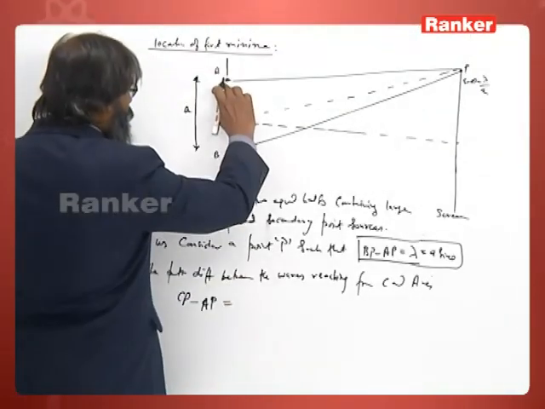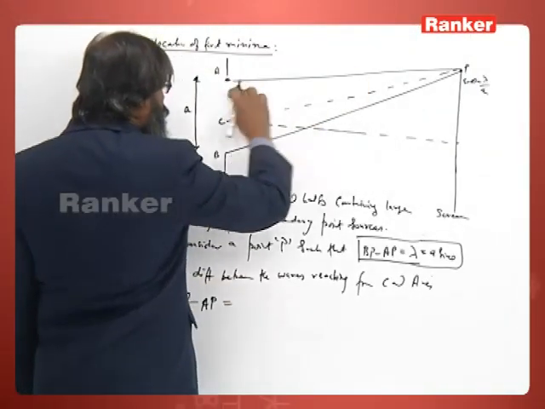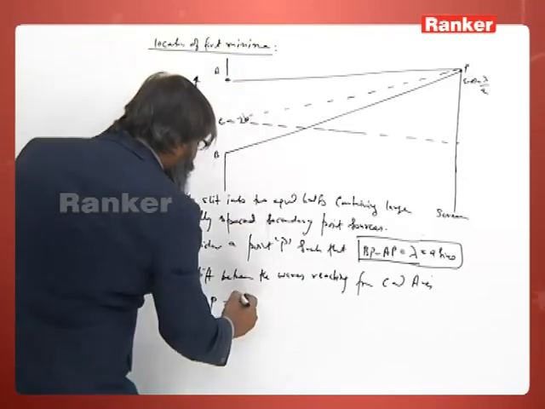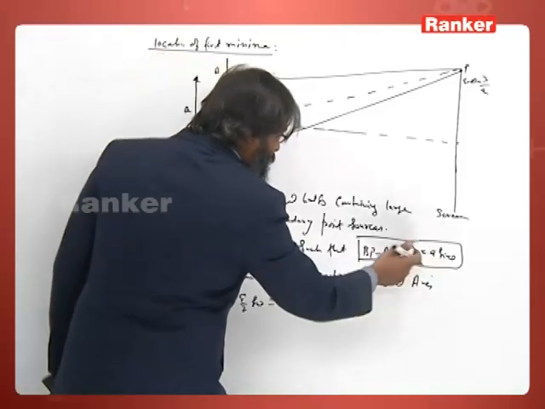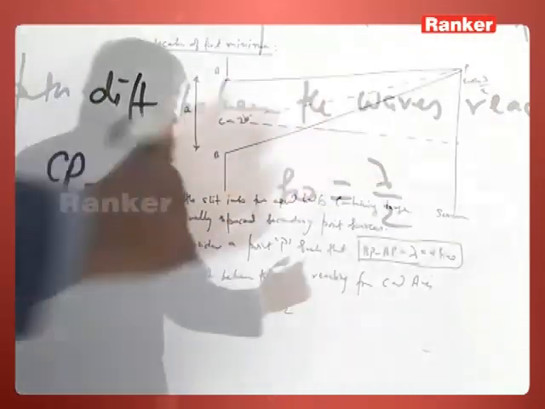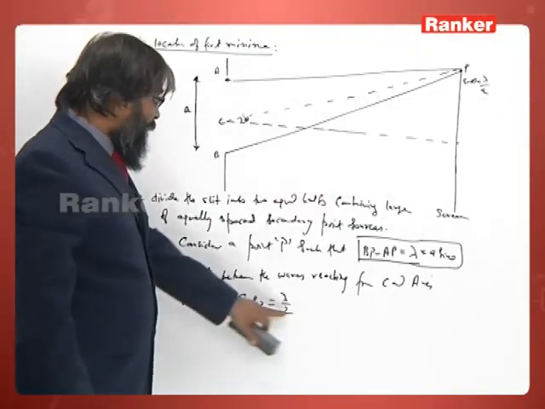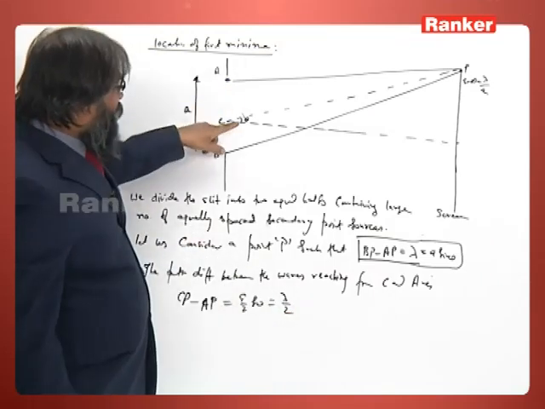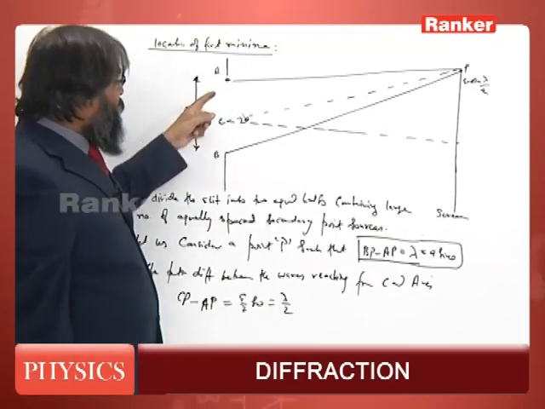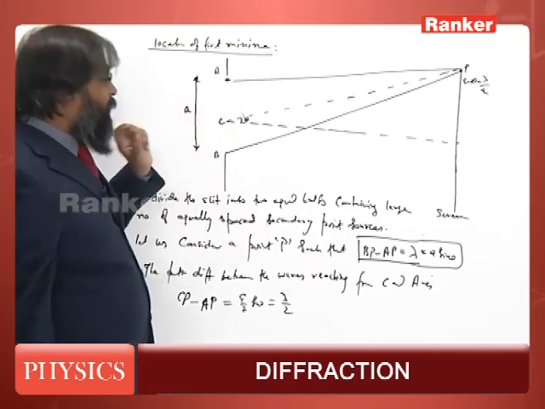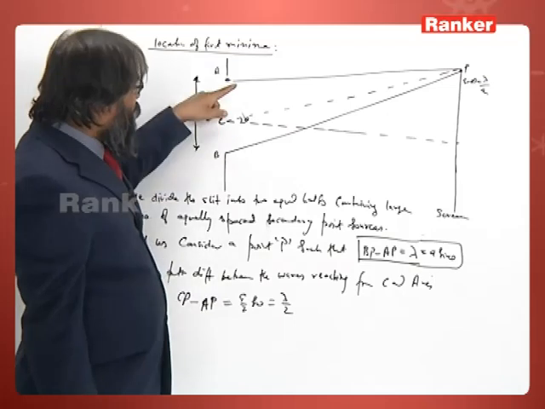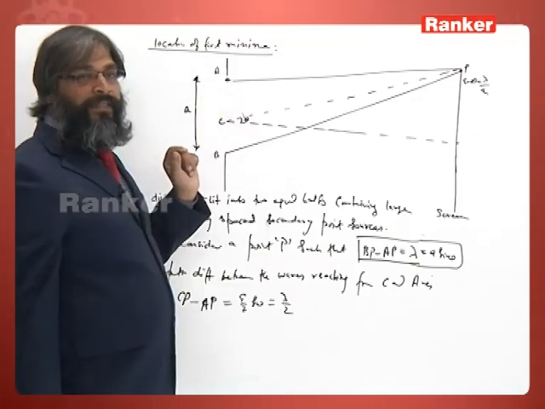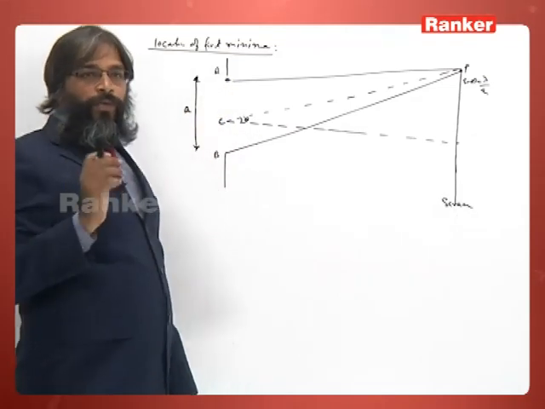This is equal to, now the path difference between these two waves will be a by 2 sin theta, which is a sin theta equals lambda, so it becomes lambda by 2. This is a very important point. The path difference between these two waves is lambda by 2. Again, the path difference between these two waves will also be lambda by 2, and the path difference of these two is lambda. Now, what we do?